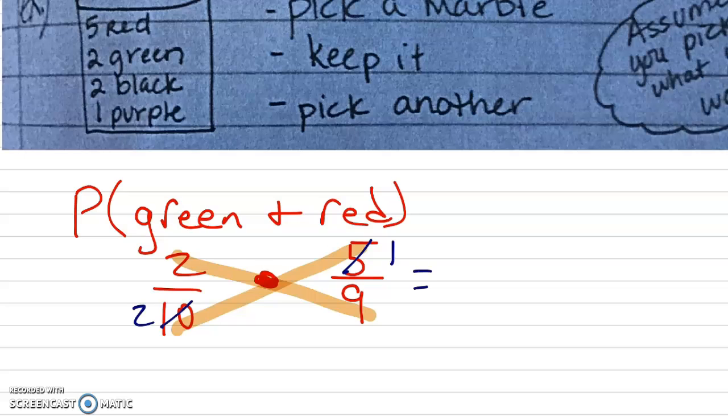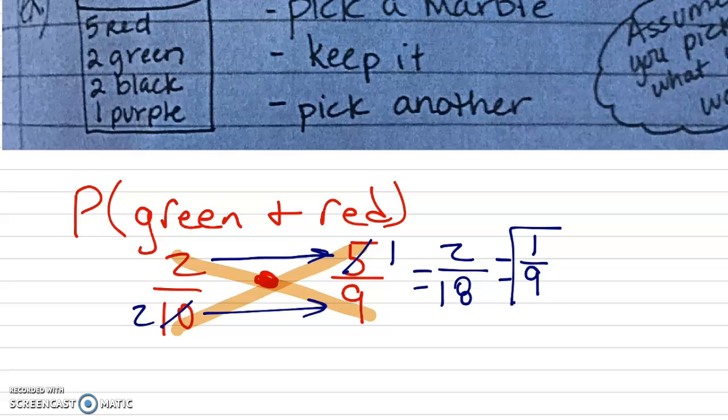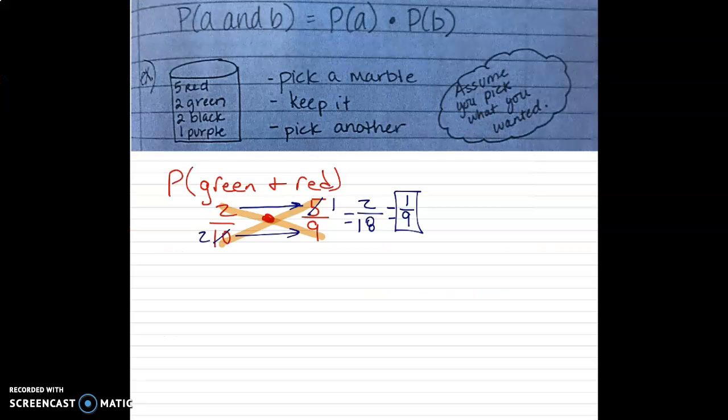So now we can just multiply much easier. 2 times 1 is 2, and 2 times 9 is 18. Now that can still be simplified, but it's a lot easier. You notice that they have 2 in common. So just divide them both by 2, and you end up with a 1 in 9 chance. So a 1 in 9 chance.